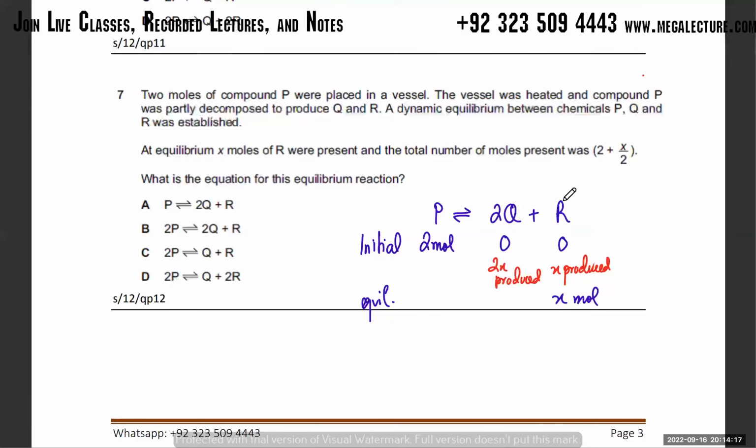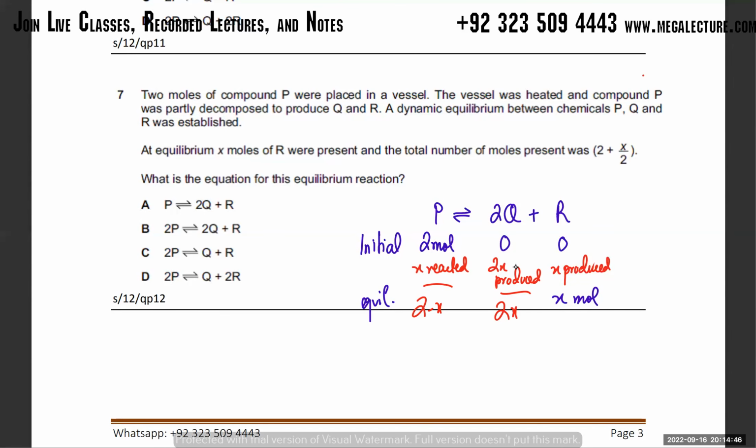And according to the ratio, if 1R gets produced, 1P will react. Same ratio, right? So if X gets produced, on this side X would have reacted. So X moles are getting reacted. Now your equilibrium moles: 2 initially and X got reacted, so you're left with 2 minus X. As you had 0 moles, now you've got 2X extra produced. So now you have 2X moles, right?